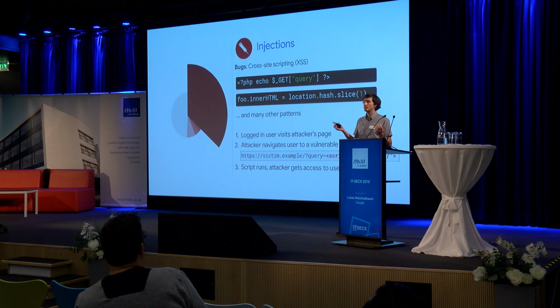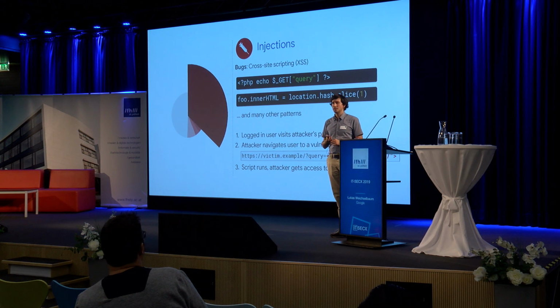Usually you'll see an alert box, which is kind of harmless. But we treat these bugs extremely seriously because if you have script execution in the context of a user, you have access to all the data. You can do all the actions that a user could do on a web page. If you have a blog, that might not be a big problem, but if it's an application like Gmail or Drive, that is probably one of the worst things that can happen there, which brings us back to threat modeling, I guess.